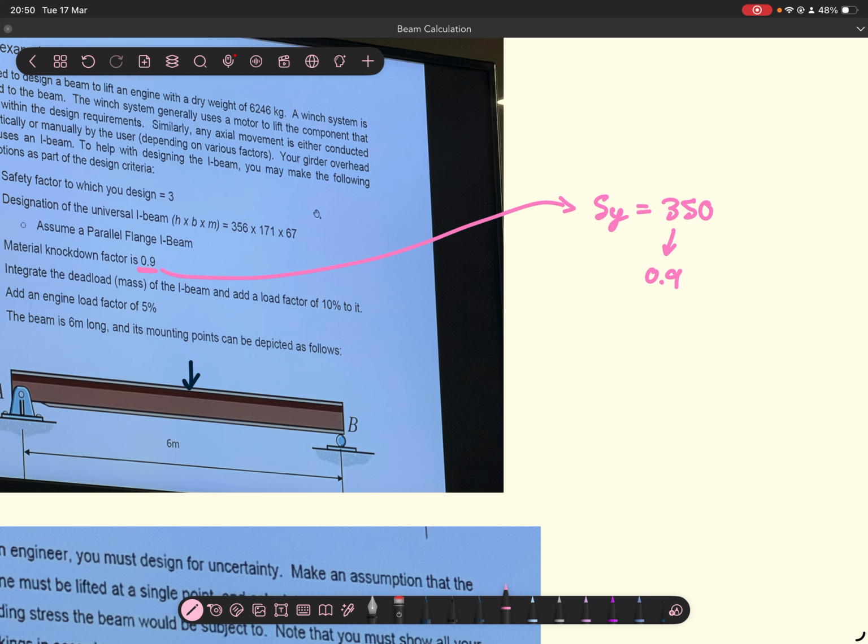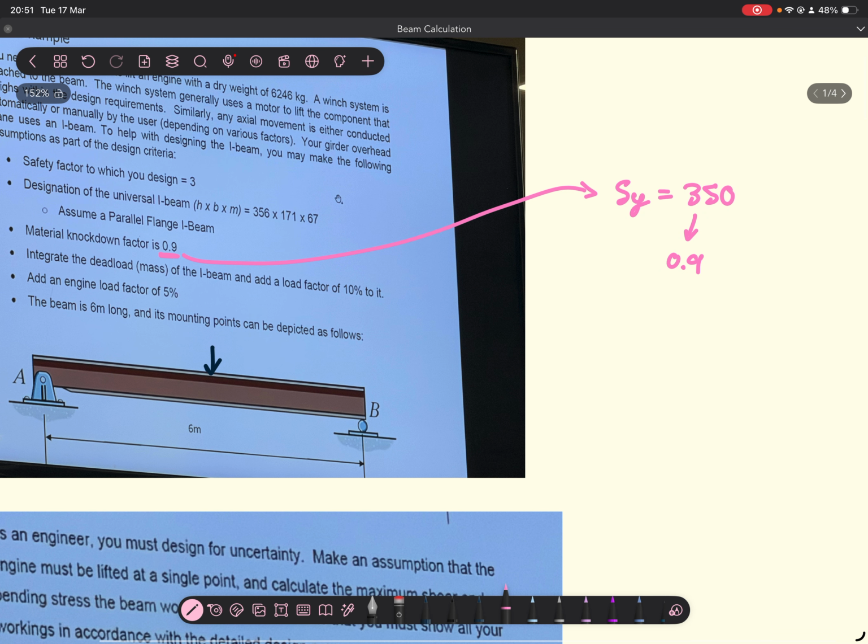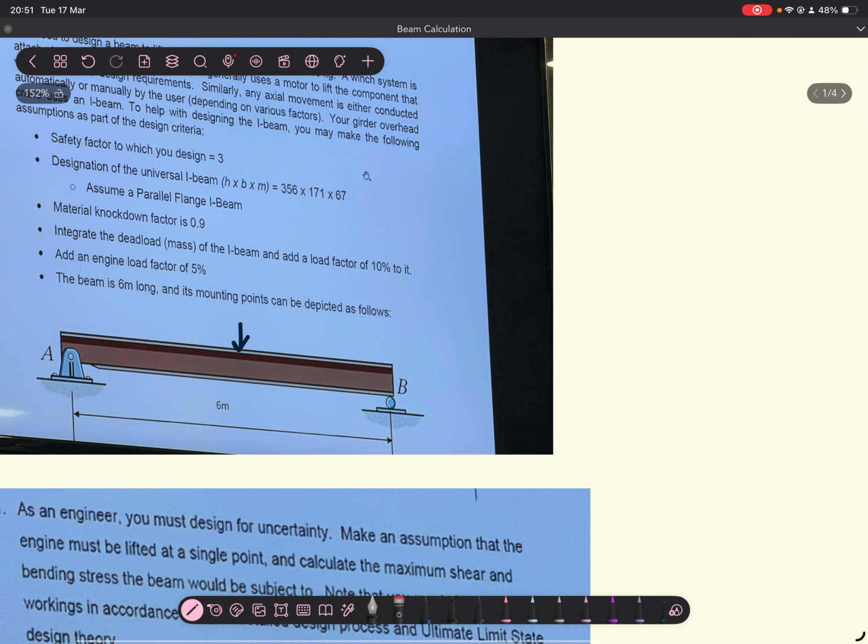So you're basically saying, okay, the strength of our material is 10% less than what we expect it to be, right? Which is a pretty good assumption because we don't know what happens during manufacturing. The strength can vary quite a bit. So it could be less than you expect, could be higher, but we're designing for the worst case, so it's better to expect that it's going to be less than what we expect it to be. Okay, so we're going to multiply that by 0.9 when we get to that step, I guess.